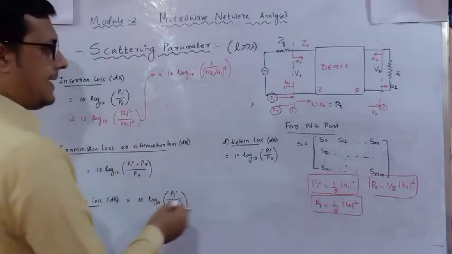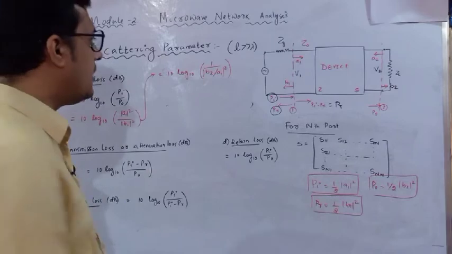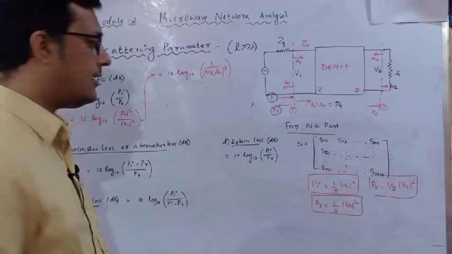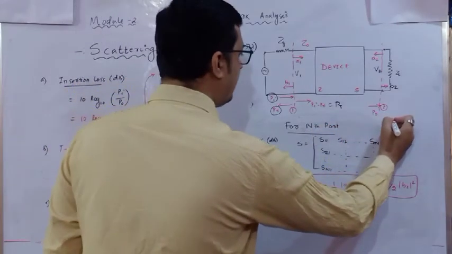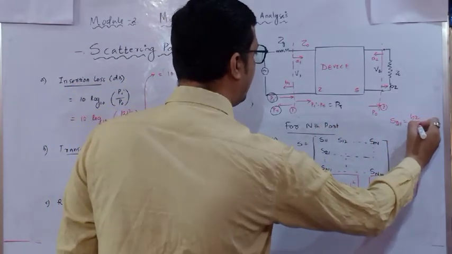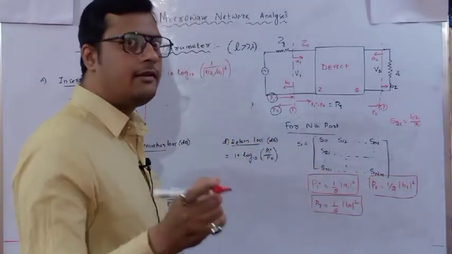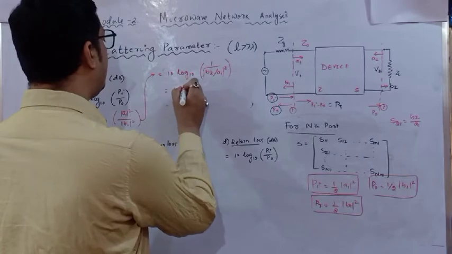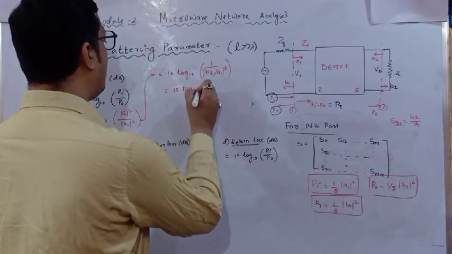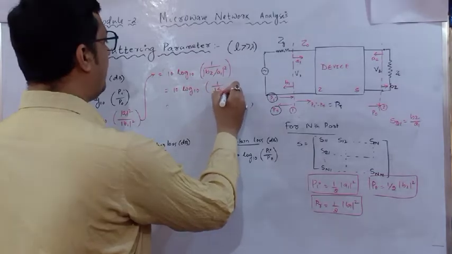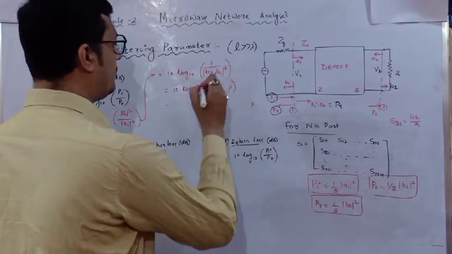I have taken A1 to the denominator of B2, and what is B2 by A1? It is nothing but S21, because S21 we have identified as B2 by A1, and it is the attenuation factor. So here it is 10 log base 10 1 by mod of S21 whole square.